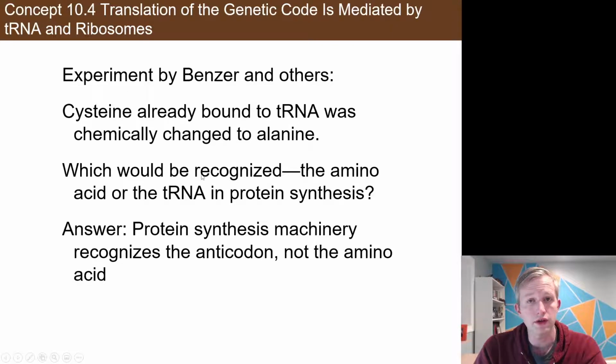And what they concluded was that when we switch out the cysteines for alanine, we get alanines in our protein where we expected cysteines. And so they demonstrated that it is in fact the tRNA, and then subsequently we discovered that it's the anticodon region on the tRNA that is really the key to when that tRNA does its job.